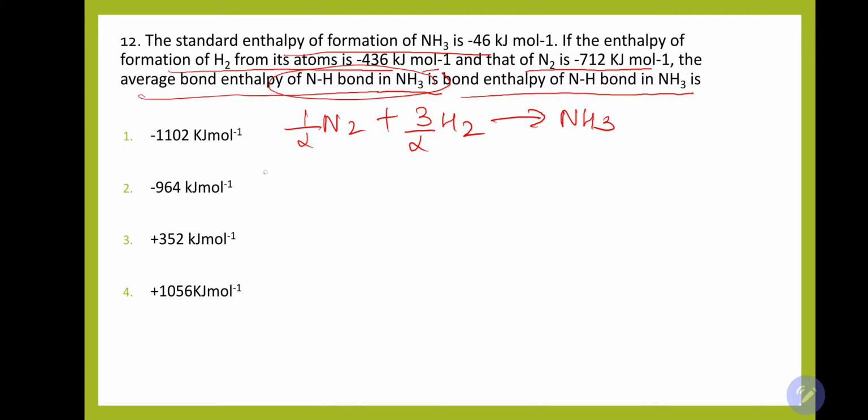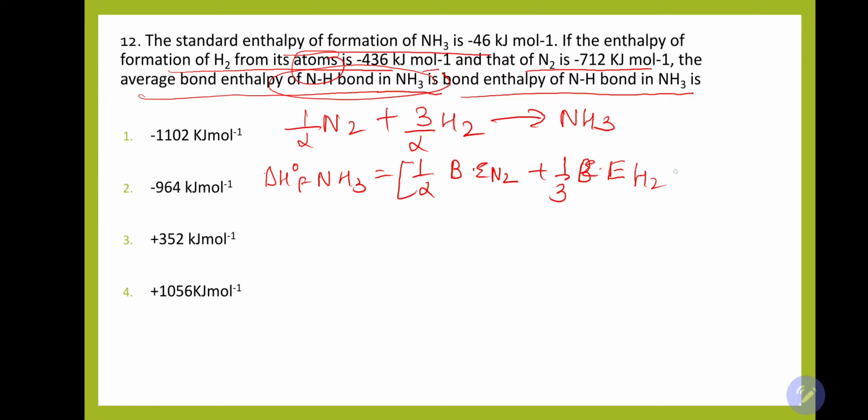Now here delta H of formation, that is standard enthalpy of formation of NH3, will be equal to half the bond energy of N2 plus 3 by 2 the bond energy of H2. Why are we taking bond energy? Because here atoms are given, that is why.